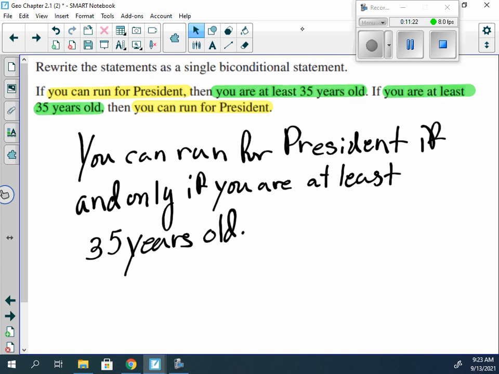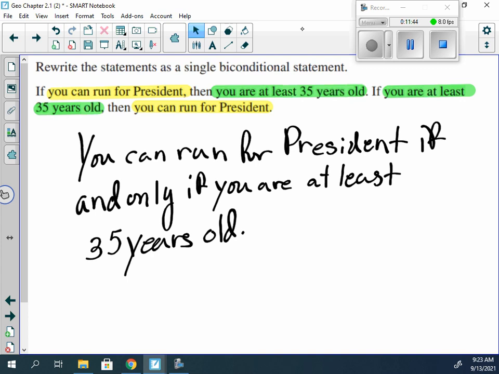Now this is one of the few that works the best, because it is true both ways. If you're at least 35 years old, then you can run for president. You're at least 35 years old if and only if you can run for president. That just sounds funny.